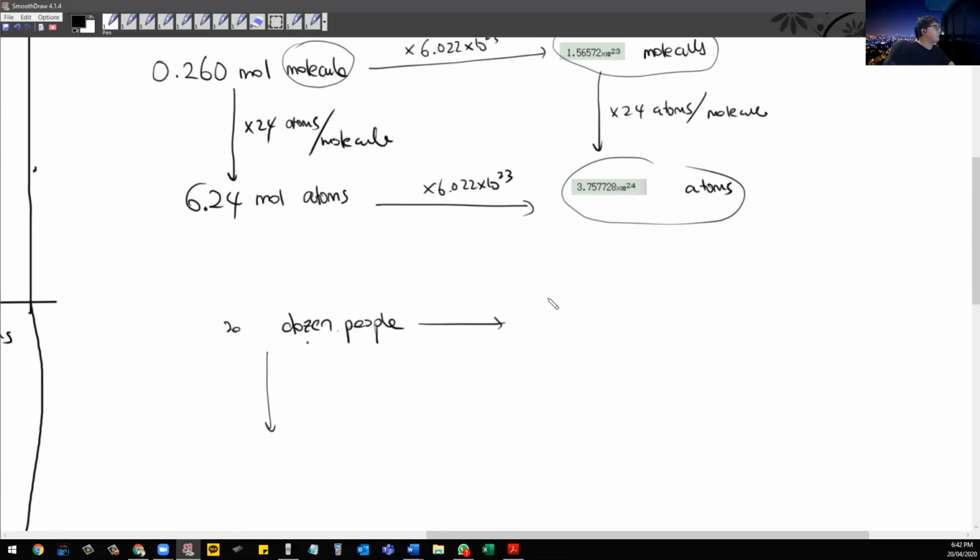You can calculate how many people there are first, right? So that's 240 people. Times by 12, get the number of people.